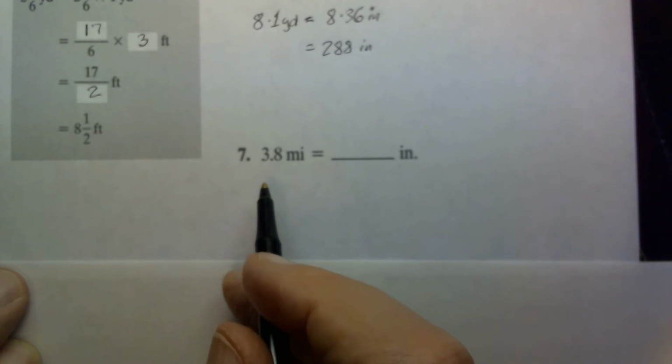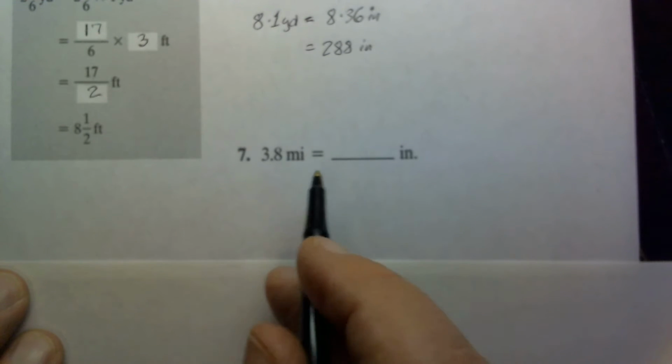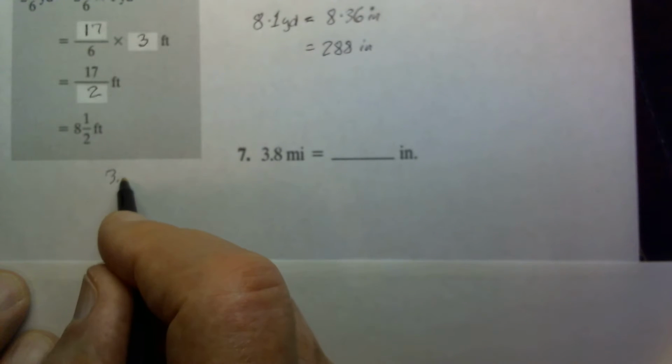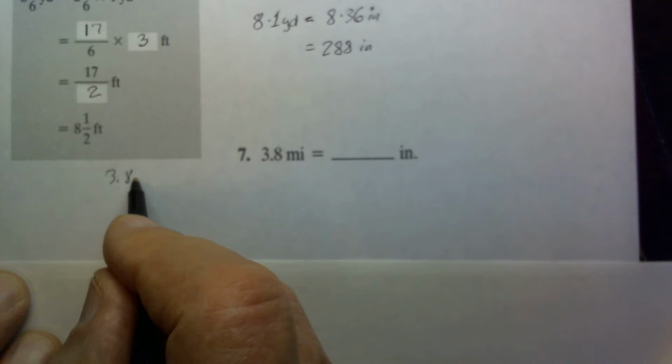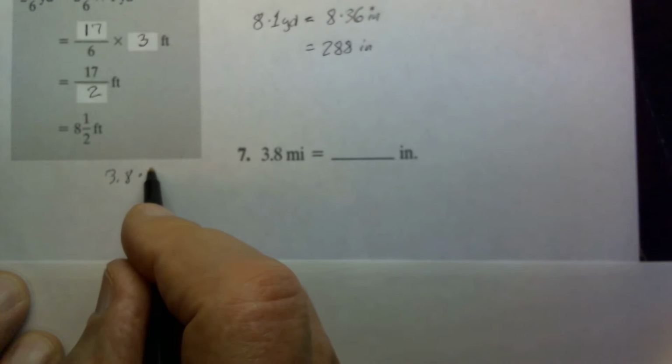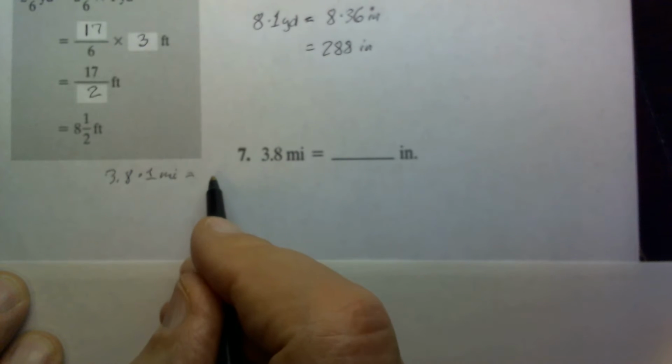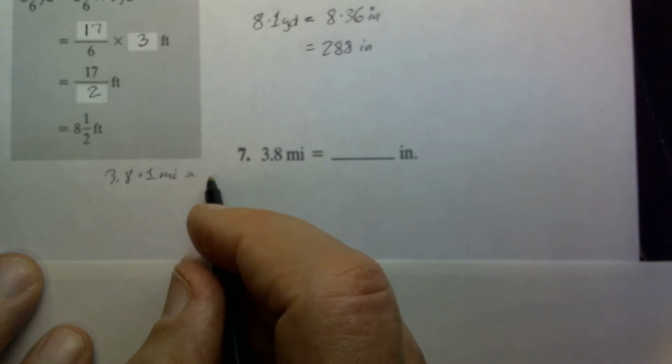In the next example, converting 3.8 miles into inches, we do it in 2 steps. We can write 3.8 miles as 3.8 times 1 mile, and 1 mile is 5,280 feet.